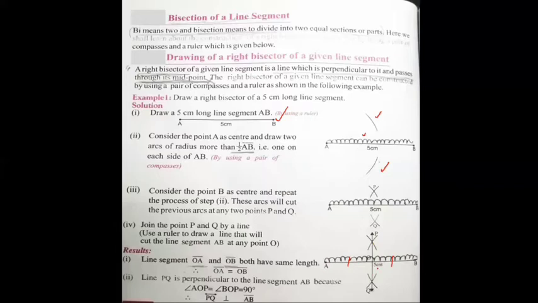Then the measurements of angles AOP and BOP will be equal. Segment OA and segment OB are equal, and the measurement of angles AOP and BOP is also equal to 90 degrees. So that's why we can say PQ is perpendicular to the line segment AB.